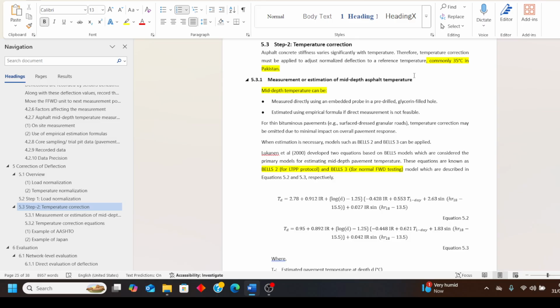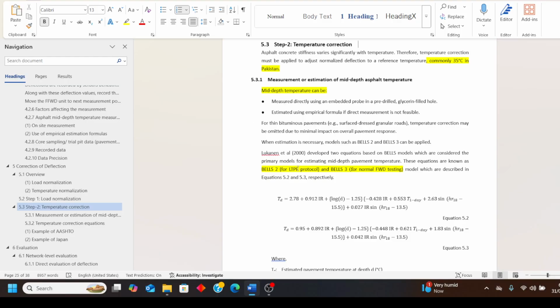However, it is different from the AASHTO standards or the standards followed in Japan, because Pakistan pavements experience higher average temperature.